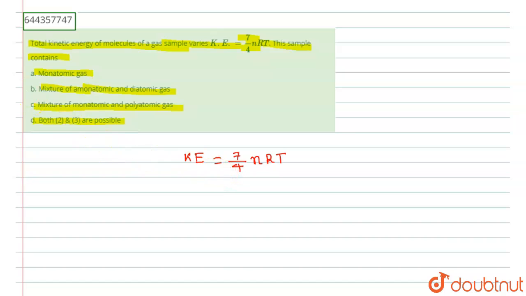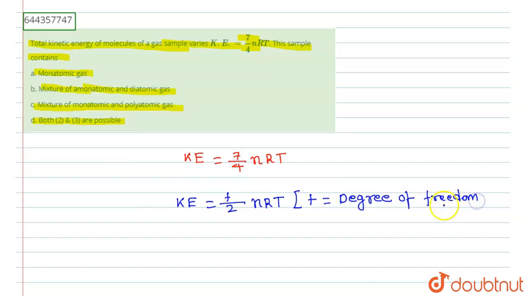As we know, the kinetic energy is equal to F divided by 2 nRT, where F is the degree of freedom.